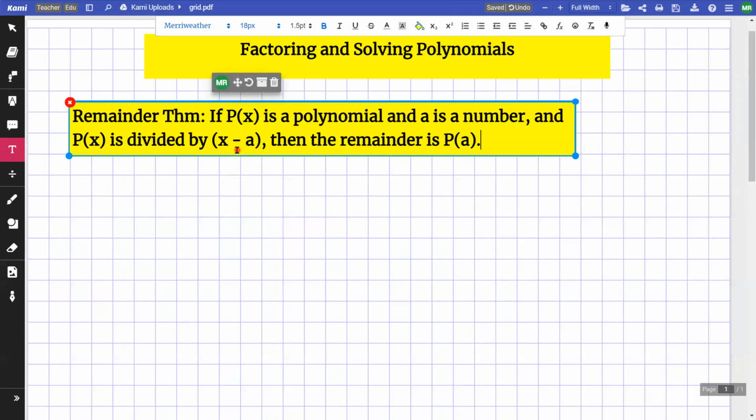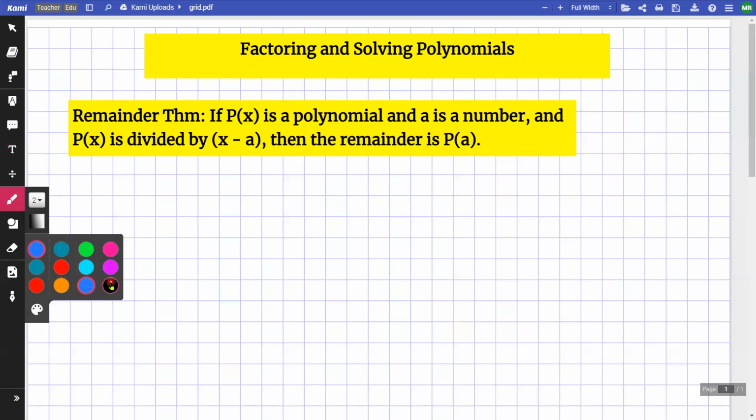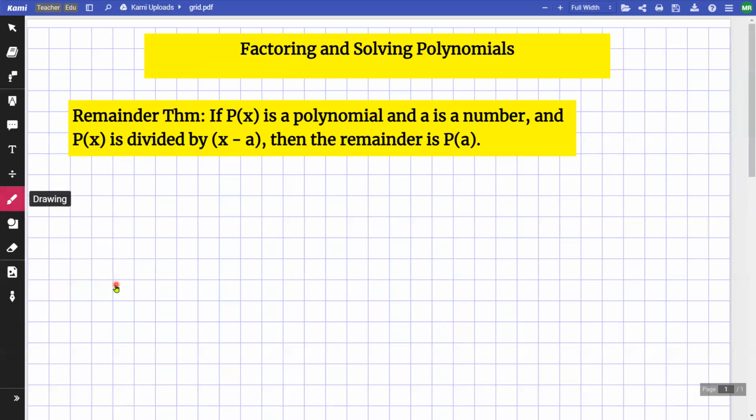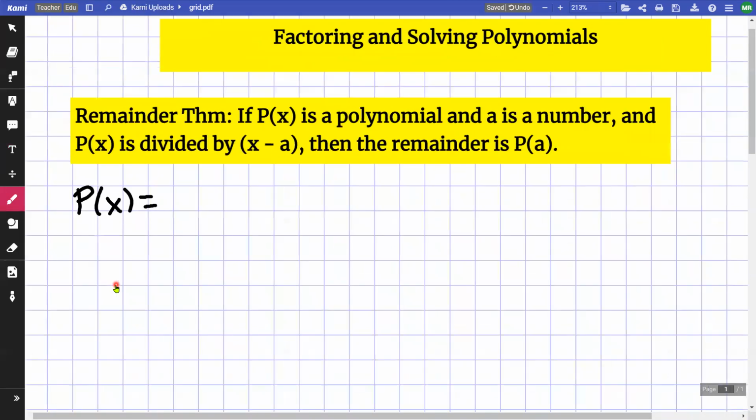So an example of this, let's say we're going to do the following problem, okay? So let's say that we have P of X is equal to X to the third plus 8x squared minus 5x minus 84.